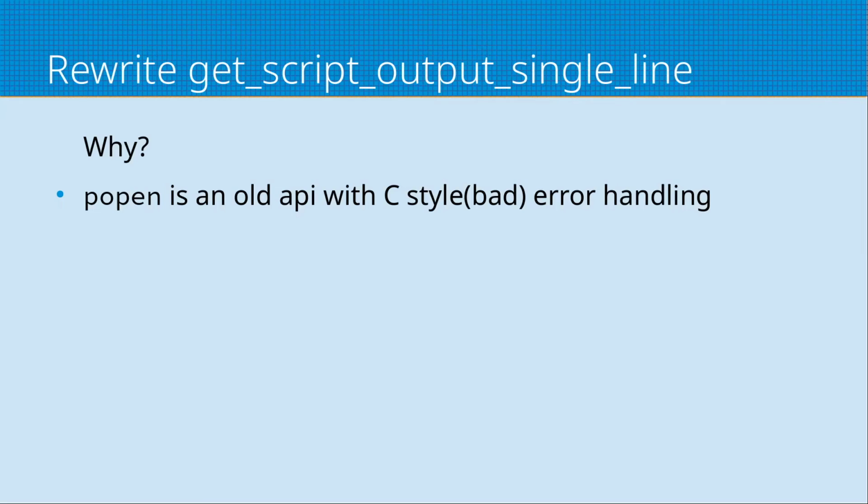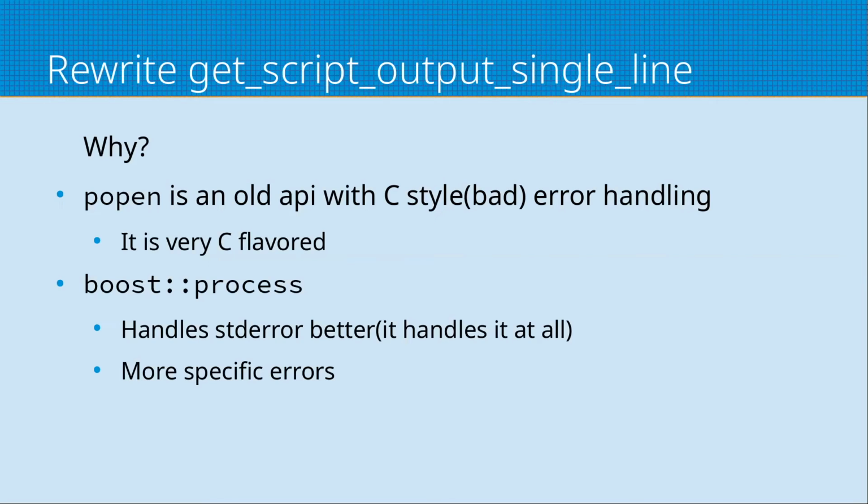The old implementation used popen, which is a very old API in POSIX that uses C-style error handling, which is not ideal for a number of reasons.